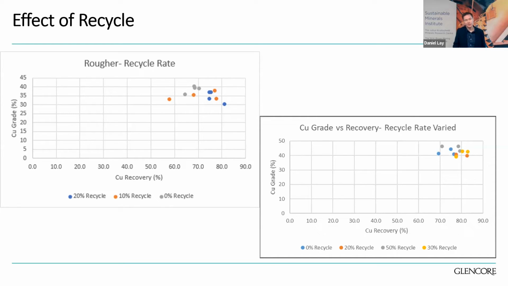And what we see is that between about 20% and up to 50%, there's very little impact of recycle on the metallurgical performance. Below 20%, down to 10%, and even at 0%, one can see a slight drop-off in the recovery. But overall, there's some consistency in terms of where the performance lies as a function of the recycle rate.